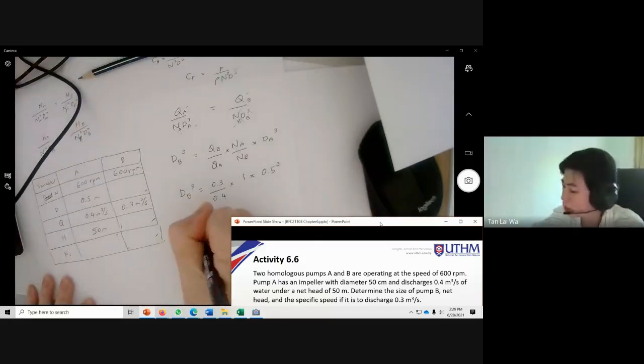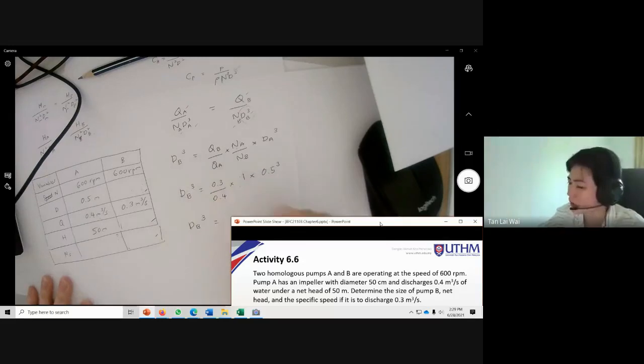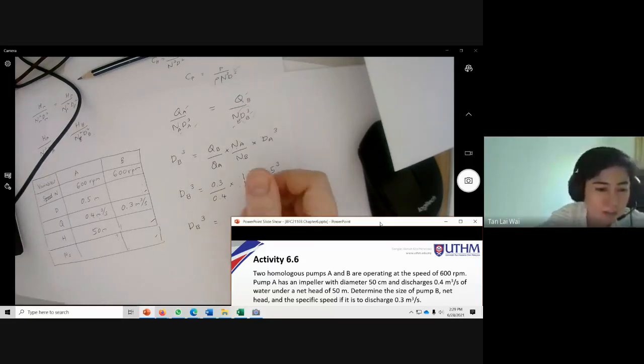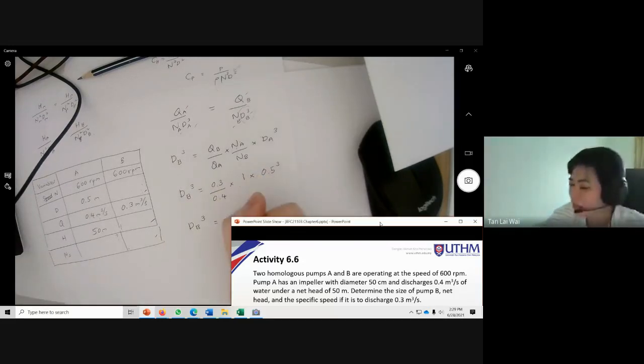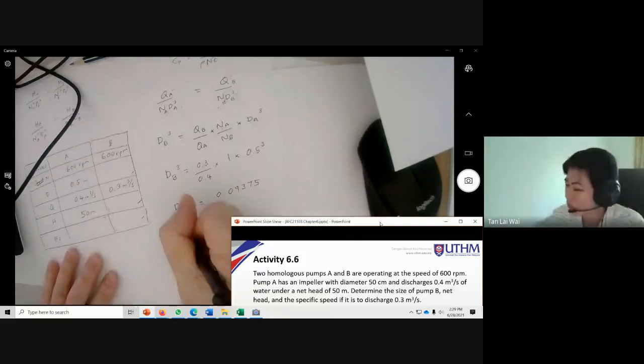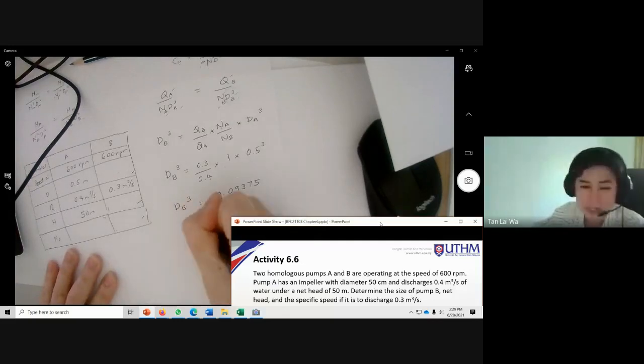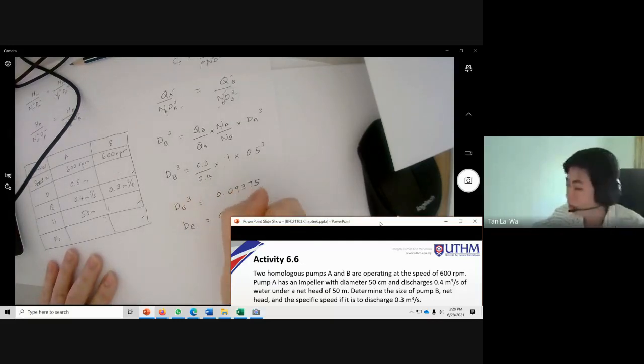So dB cubic power, if I'm not mistaken, please help me calculate, I'm not sure whether this is correct or not. So dB is 0.4543 meter.